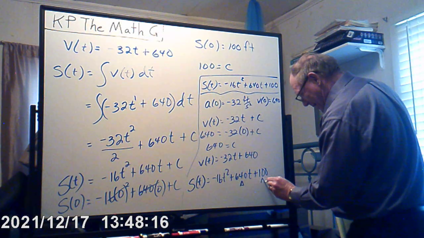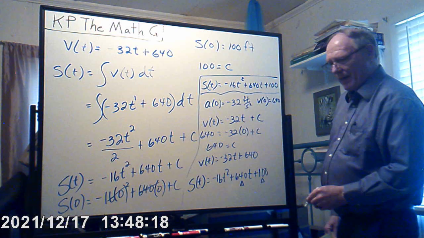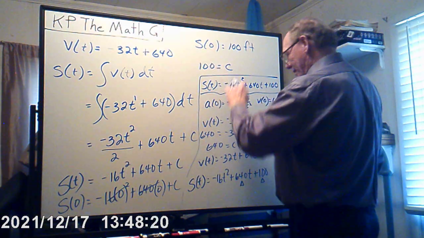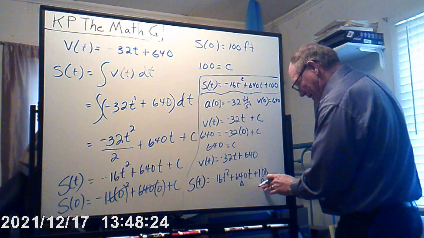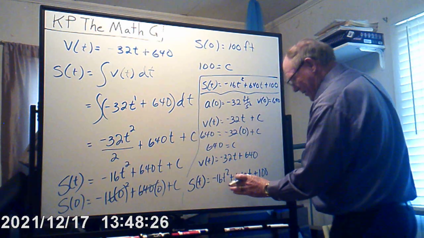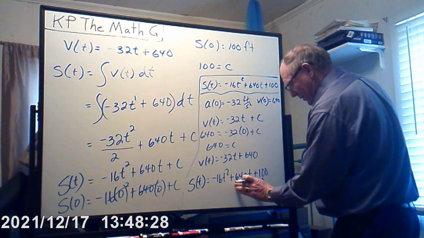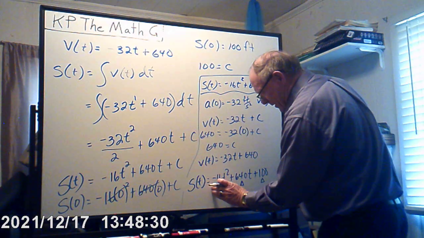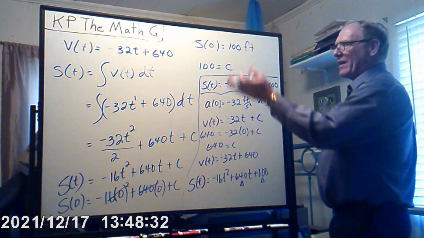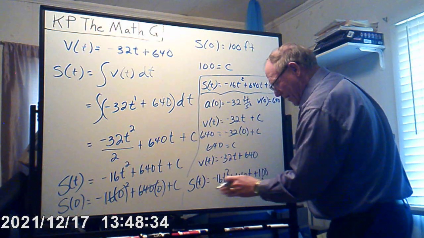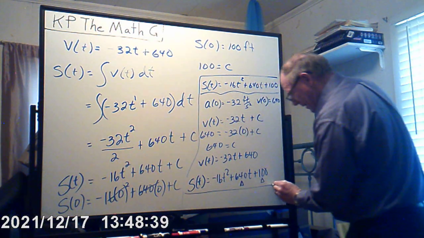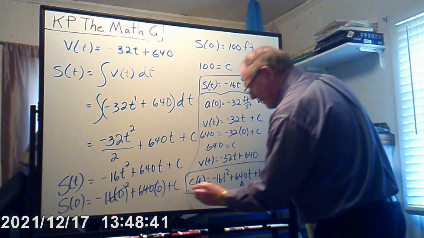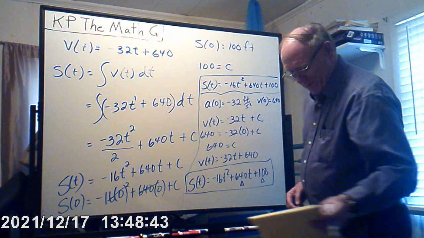This is initially how high it was, you're at a height of 100 feet, whatever it is that you already know. You already knew this is 640. You always put your velocity in the middle. And then, of course, you have to find this. It started off with negative 32, and we wound up with negative 16t squared. But that's generally what you do.